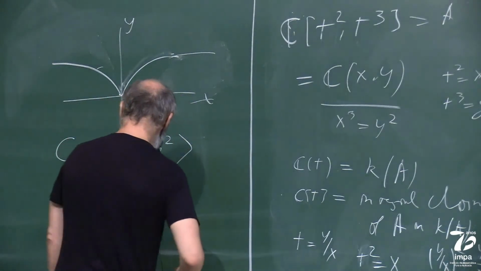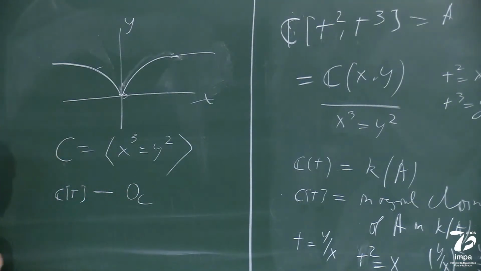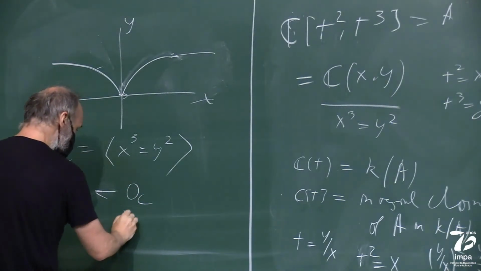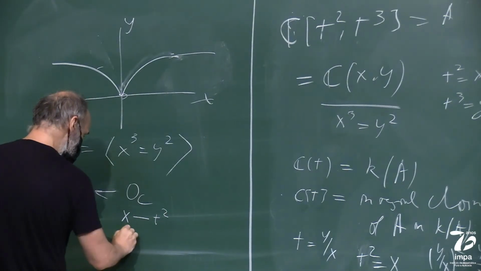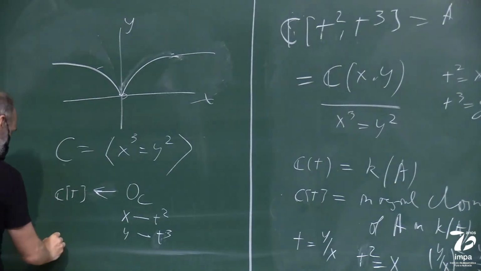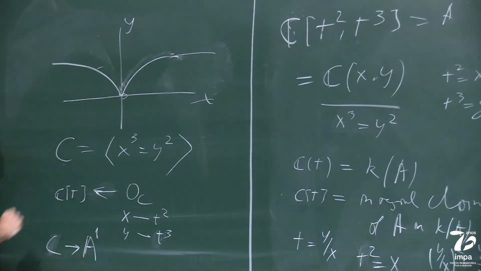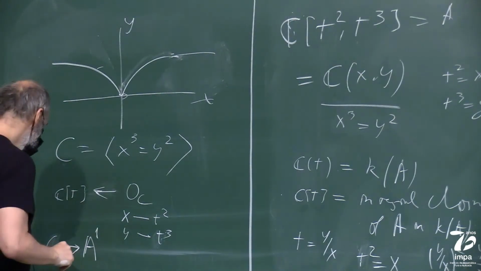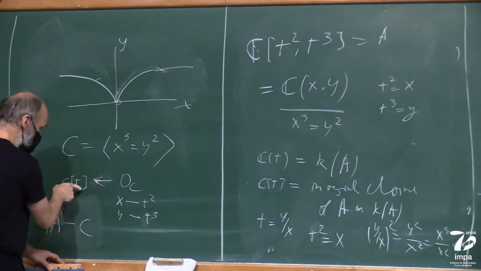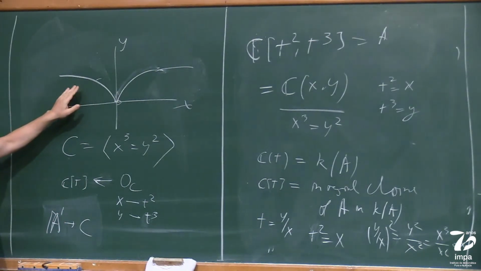And then you have a map from O of C to C[t], which takes x to t squared and y to t cubed. This corresponds to a map from the one-dimensional affine space A1 to the curve C. If you have a map from this to that, you have an opposite map, the pullback of regular functions, and what it is is just the parameterization of your curve. So your curve is smoothly parameterized.